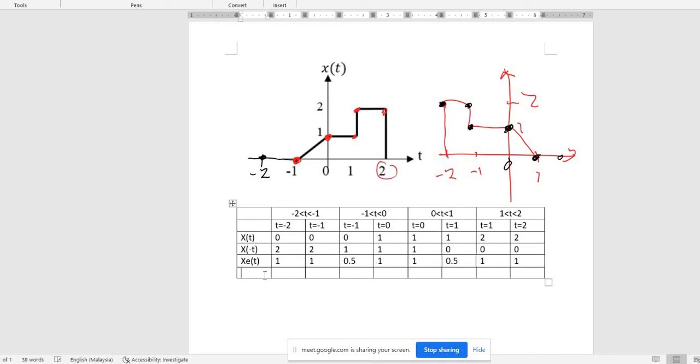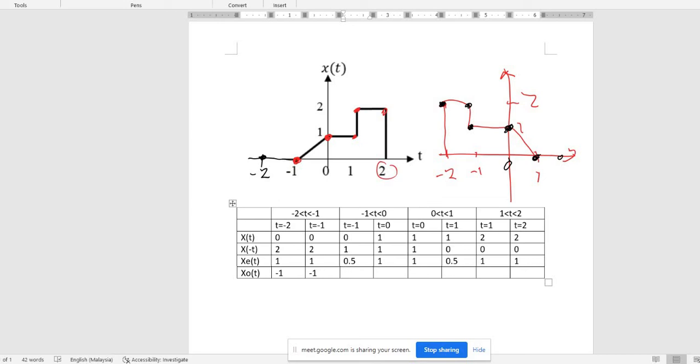For x odd, it is x(t) minus x(-t) divided by 2. Okay, 0 minus 2, you get minus 2. Minus 2 divided by 2, you get minus 1. This one negative 1 also. Okay, and then 0 minus 1, you get minus 1.